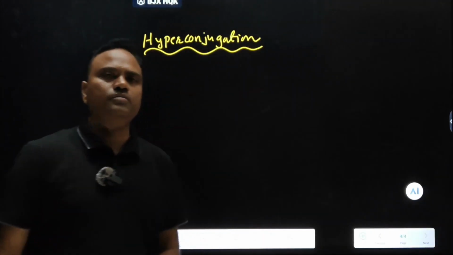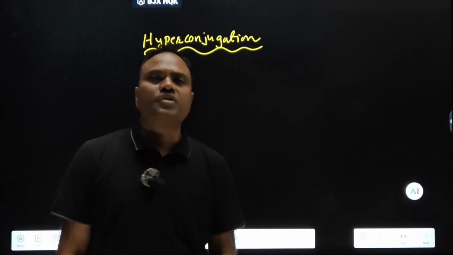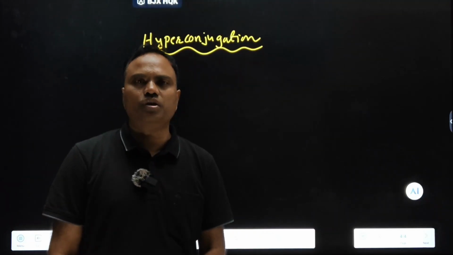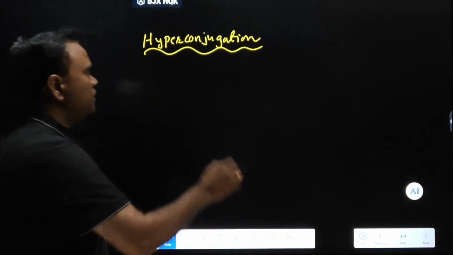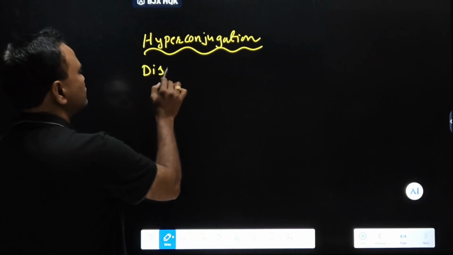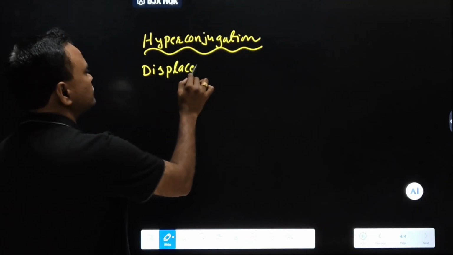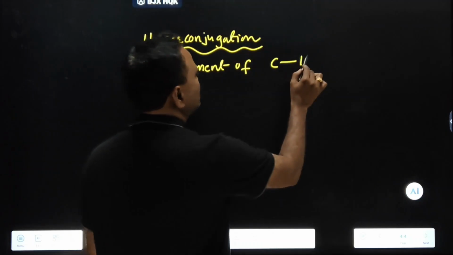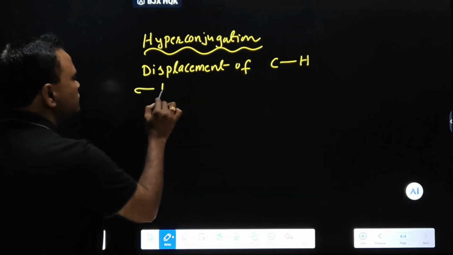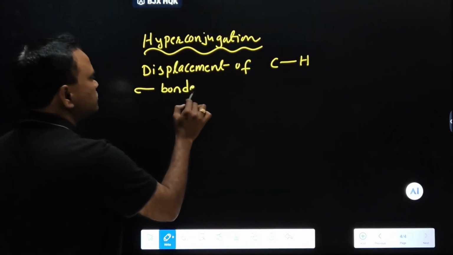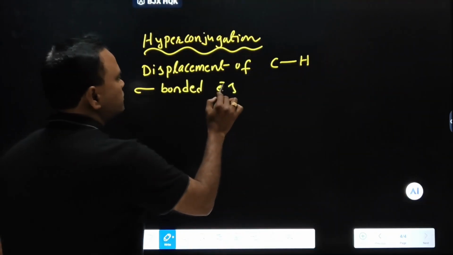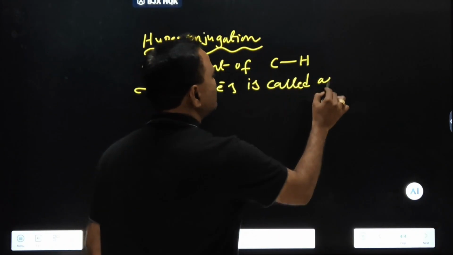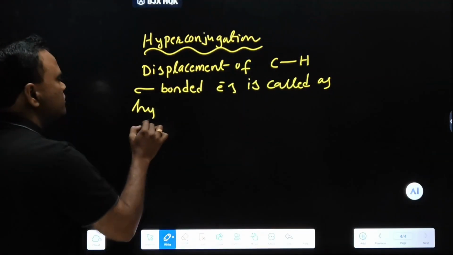What is hyperconjugation? Displacement of carbon hydrogen sigma bonded electrons is called as hyperconjugation.